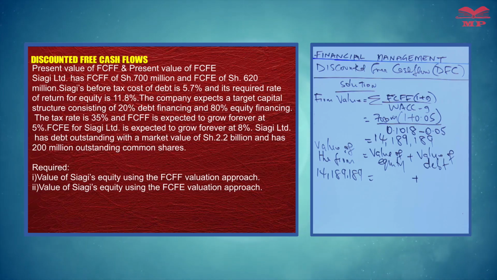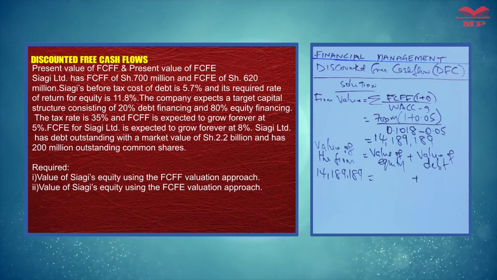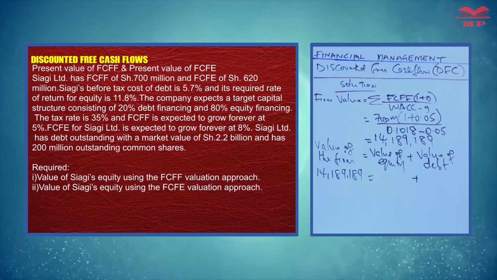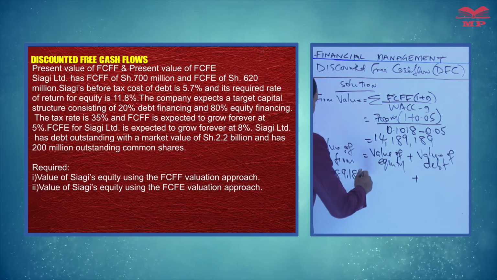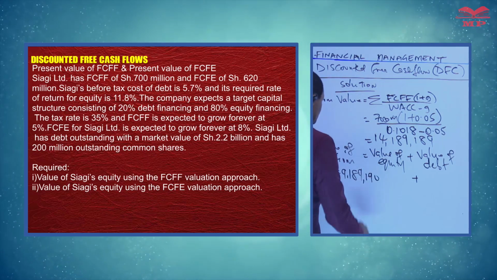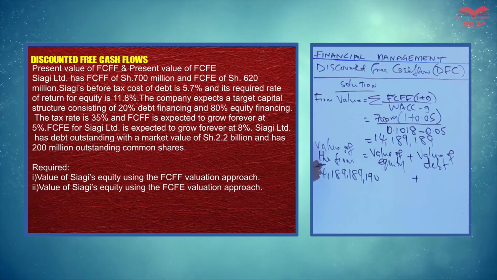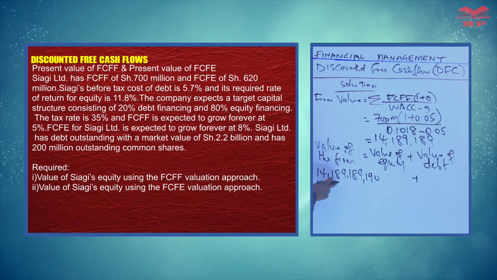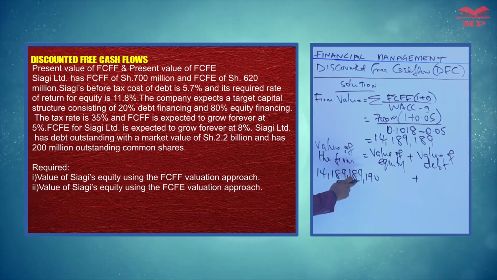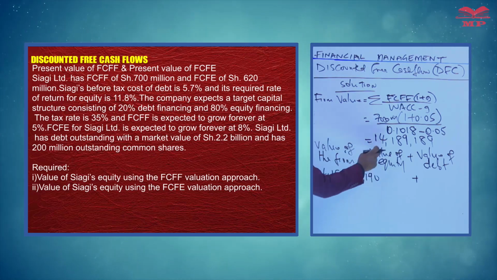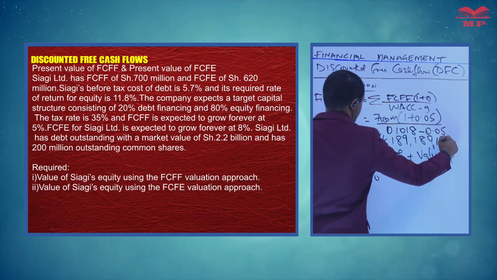So I think, Lincoln, you have the right figures. It is 189, 189, 190. These are billions. If the value of the firm is 14,189,109,190, this one here, 190.